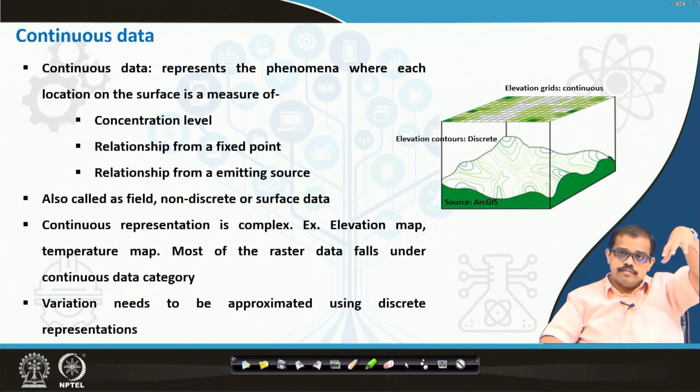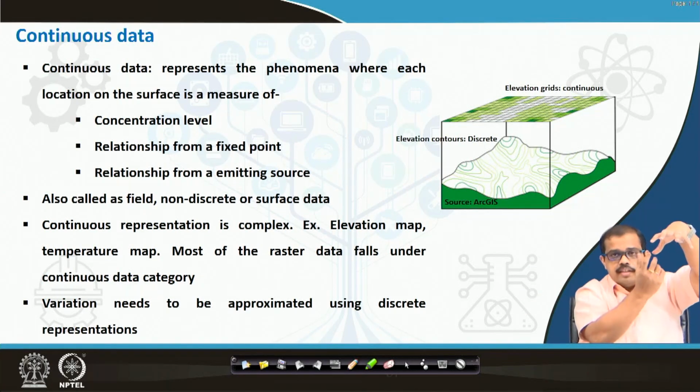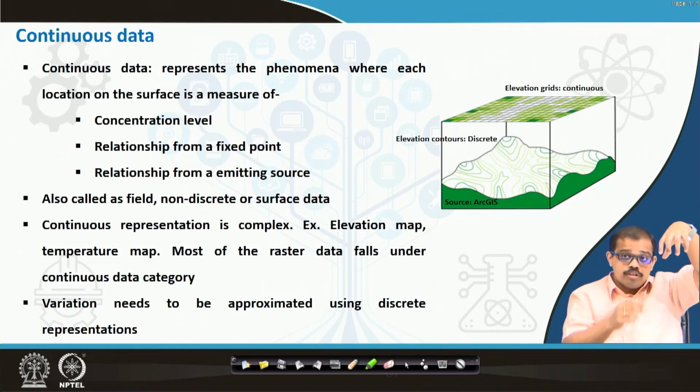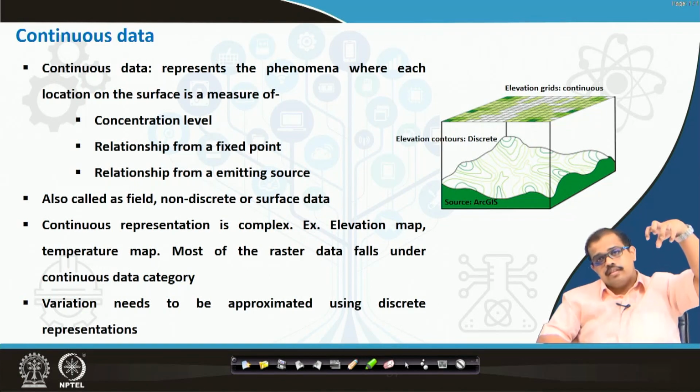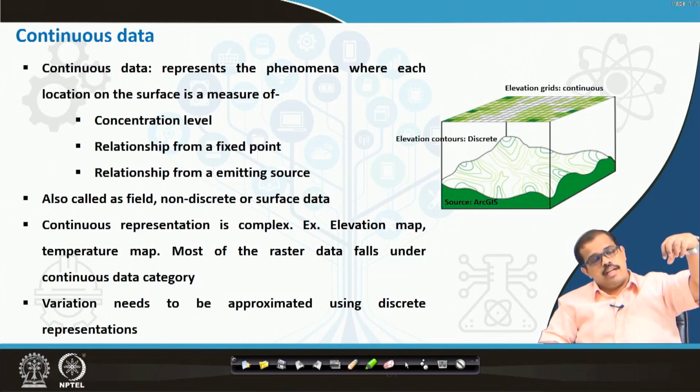When it hits the surface, some part is reflected back. Again some energy is removed in the atmosphere, and finally very little energy reaches the sensor. The reflected energy that reaches the sensor is what is recorded. Based on the amount of reflection, you have the DN values registered on this platform.